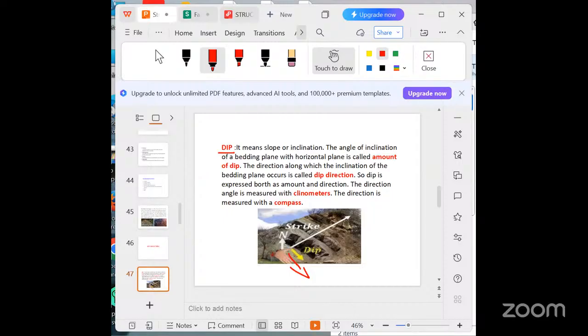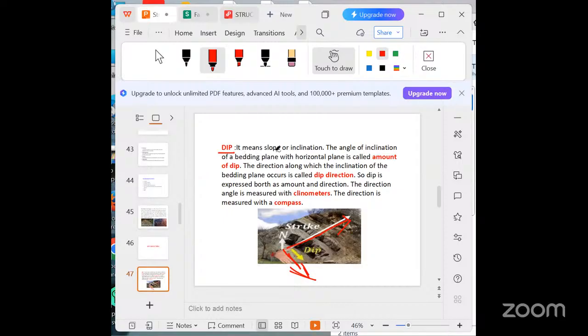Now how to measure dip and strike in the field. When the compass is taking measurements from this side, downside, it is called dip, and when the compass is taking measurements from this side, that is called strike.